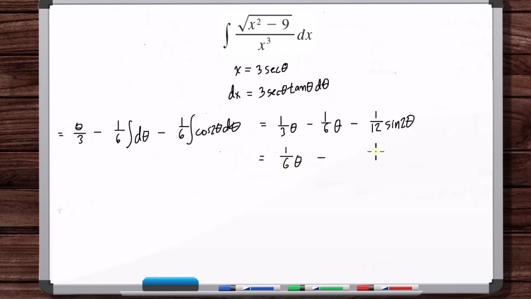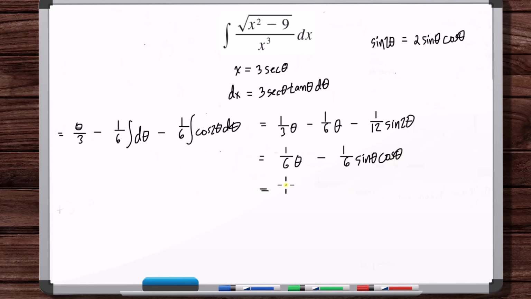Okay, now sine 2 theta is equal to 2 sine theta cosine theta. That's a trig identity, right? So sine 2 theta is equal to 2 sine theta cosine theta. So we've got 1/6 sine theta cosine theta.